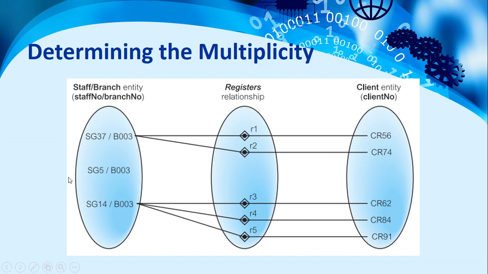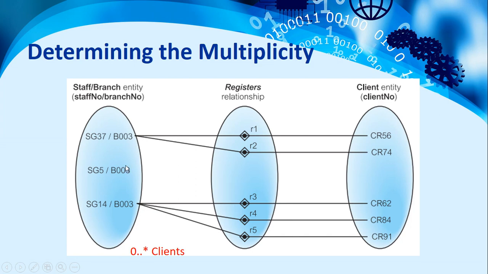So therefore, the multiplicity of the registers relationship from the perspective of the staff and branch is this one. Zero or many clients.